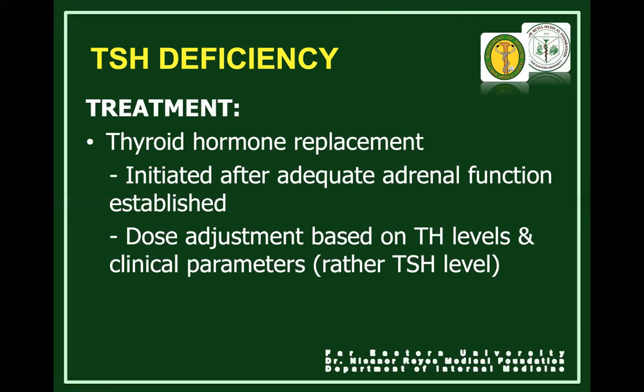So you have to make sure that you have adequate ACTH or adrenal function before giving thyroid hormone, because thyroid hormone facilitates metabolism, and if there's a concomitant adrenal function problem, you can precipitate adrenal insufficiency if you give the thyroid hormone first before replacing cortisol.